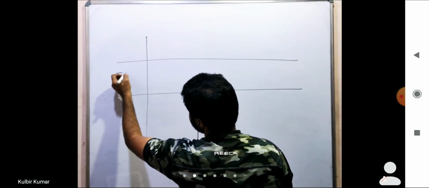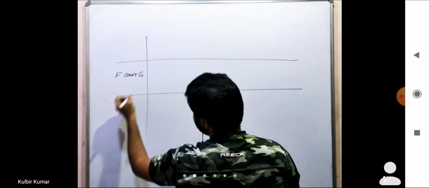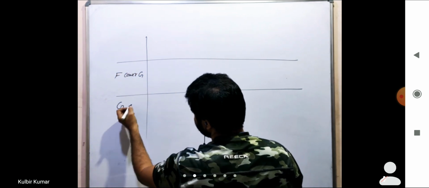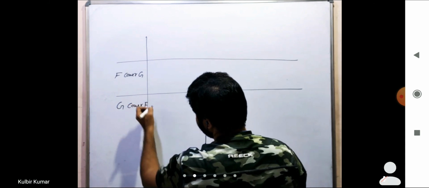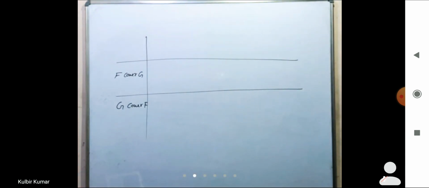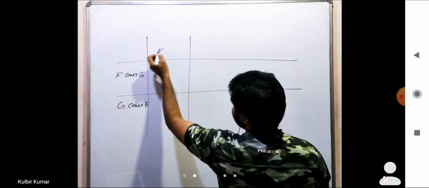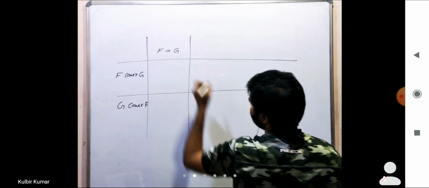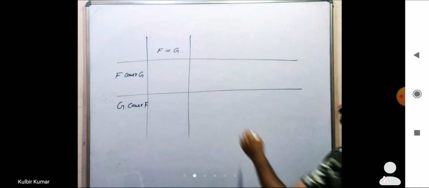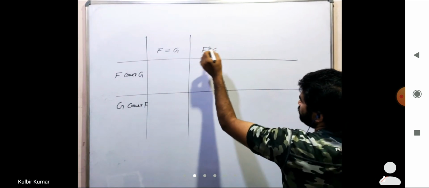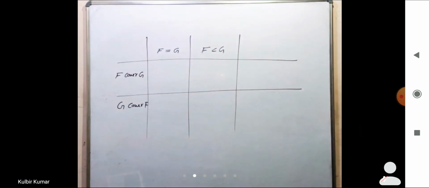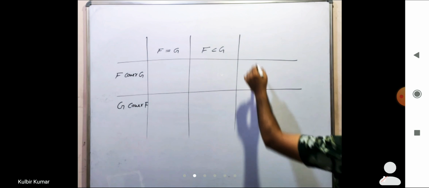One is F covers G, and the other is G covers F. So it is saying F is equal to G, F is a subset of G, and G is a subset of F.